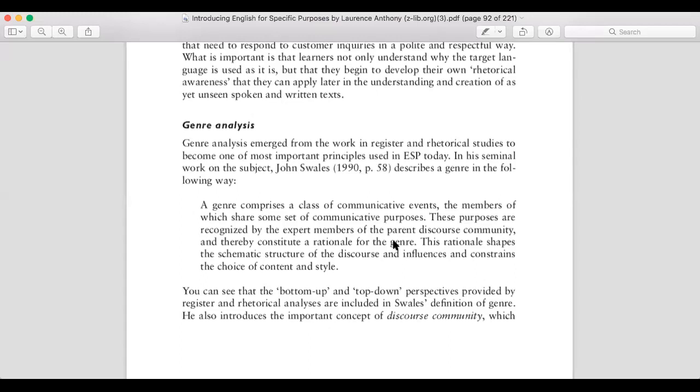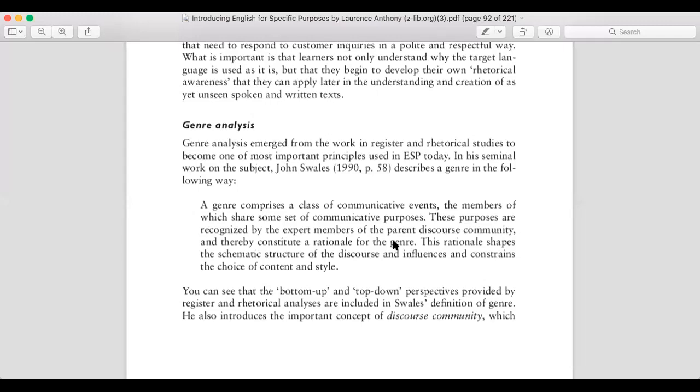Now, the simplest example that we can get of genre analysis is learning and writing business letters, reports, speeches, job applications, making a CV, because all of these belong not only to the academic discourses but also to the business discourses.